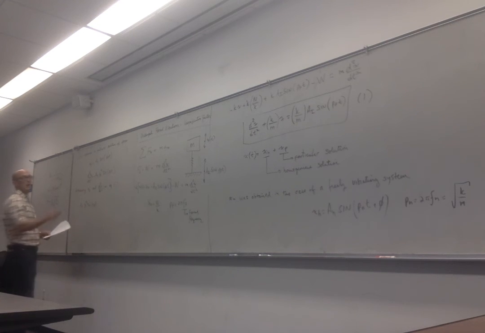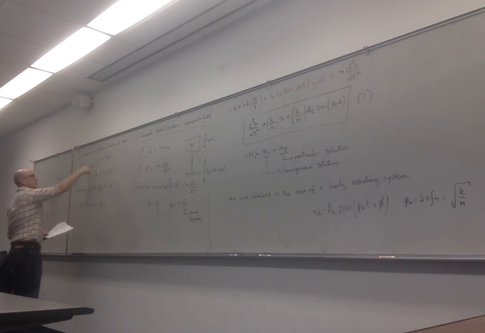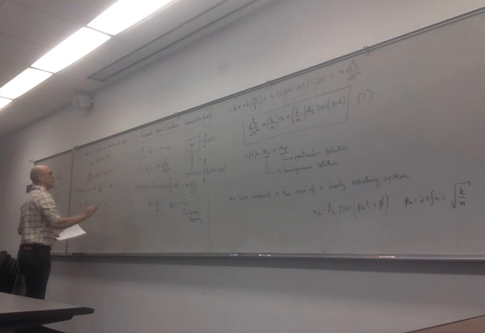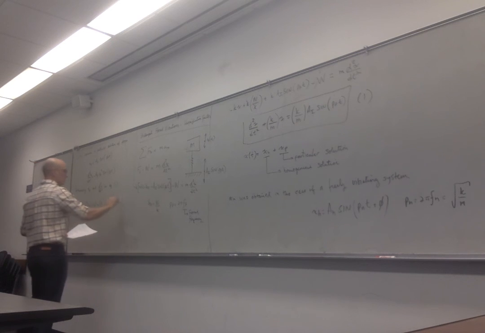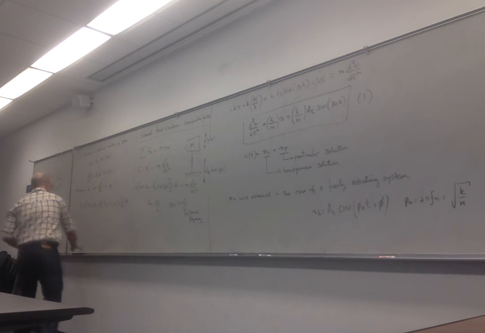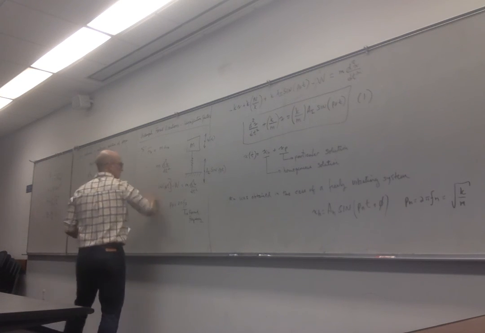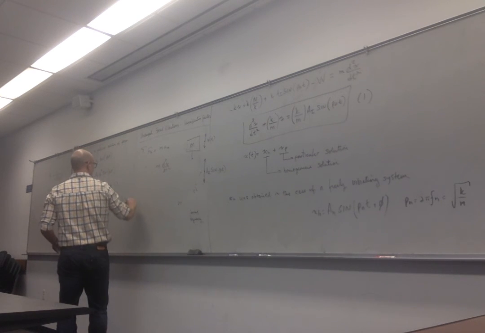Then that's going to be plus k over m times this here, A_p sine p sub f times t, and all of this will be equal to k over m, A_i, sorry I'm running out of space here, sine p sub f times t.